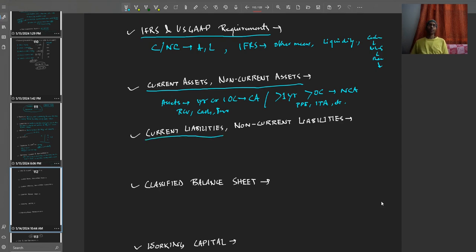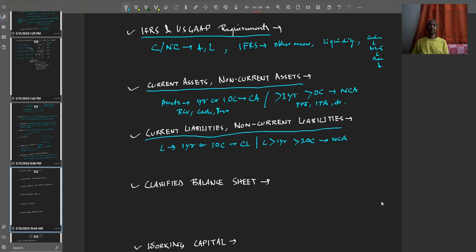Current liabilities, non-current liabilities. Again, here also the same definition applies. We are going to take a few examples also here. So liabilities that have to be fulfilled within 1 year or one operating cycle, they are called current liabilities. And those liabilities which run for more than 1 year or more than one operating cycle, they are called non-current liabilities.